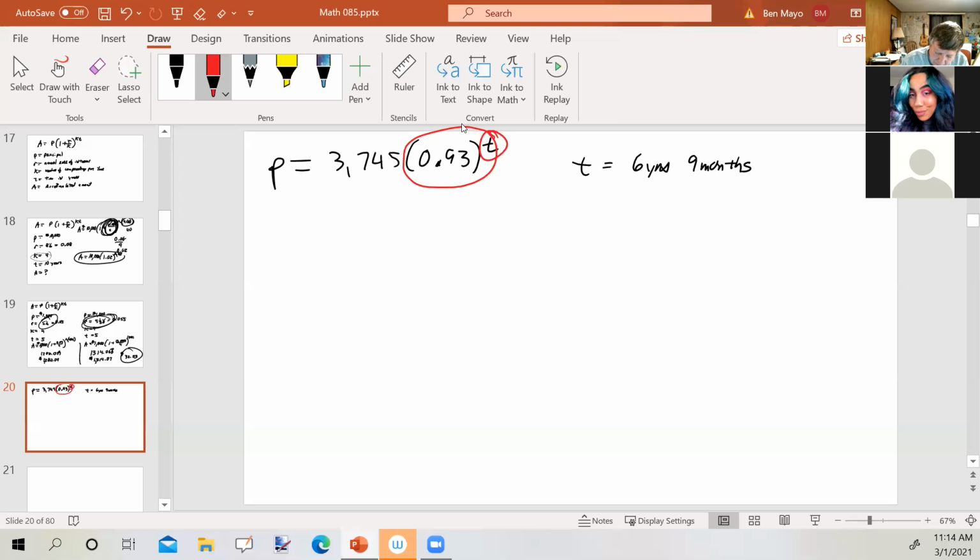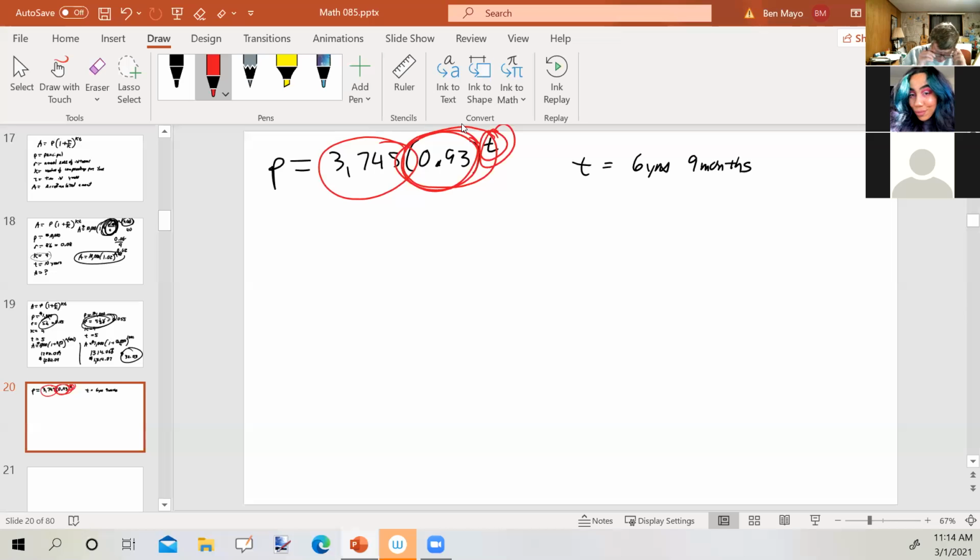Okay. So the base is 0.93. As T increases by 1, we multiply whatever we have by another 0.93. 0.93 is like 93%. So let's say you have a population and you multiply it by 93%. What did you lose? You lost 7%. Okay, got it.